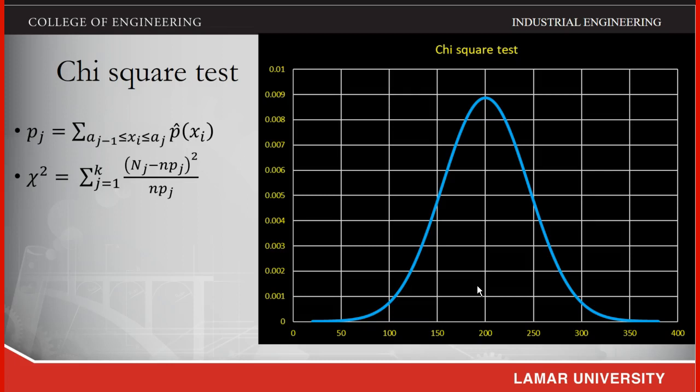We have chi-square tables, and what we would expect is that the summation of the errors that we find should be less than or equal to the threshold for the critical value in the chi-square distribution table. Usually we may have an alpha of 5% for this test.